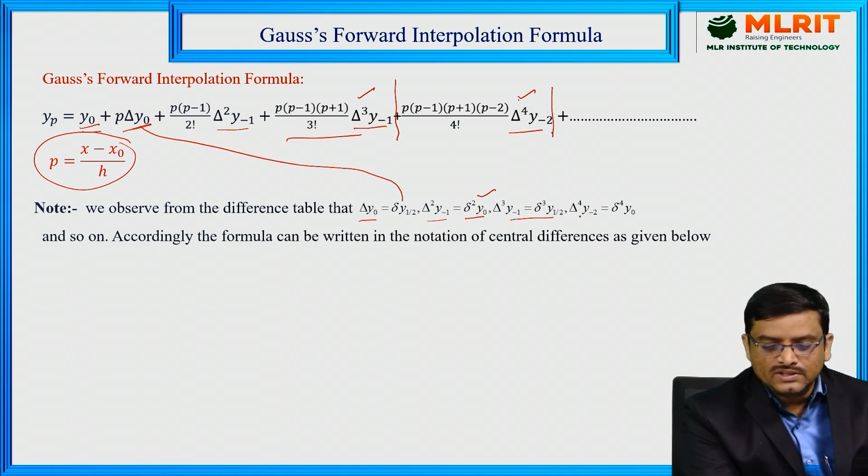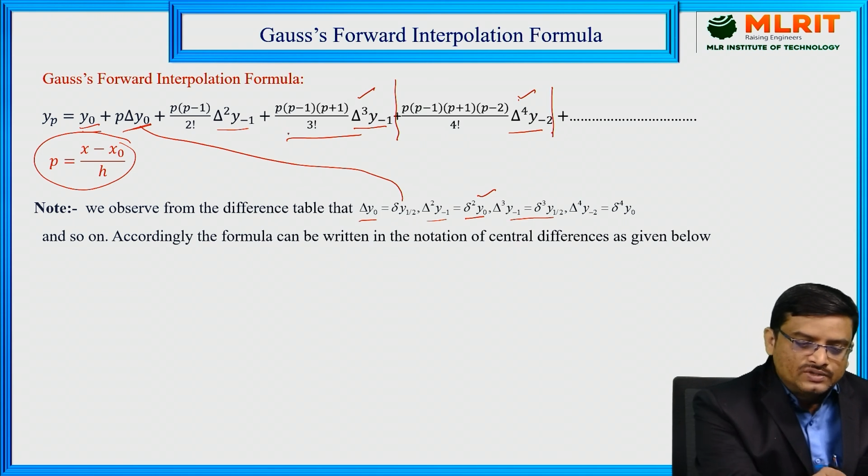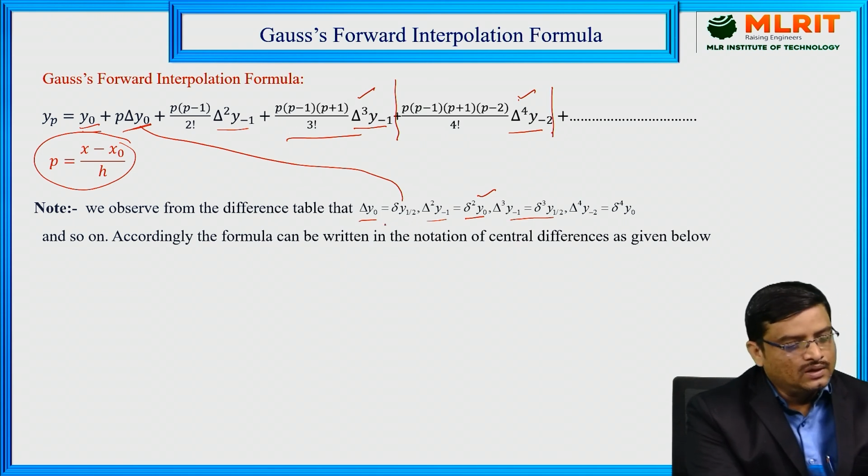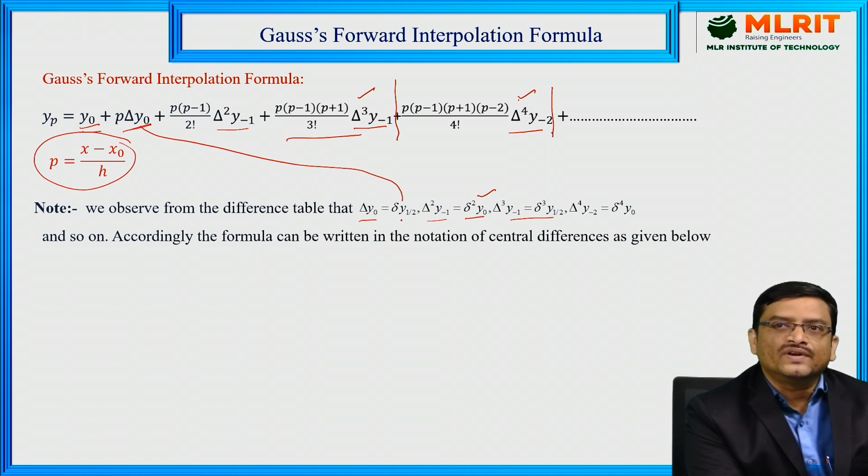So like this, we can also rewrite this Gauss forward interpolation in terms of the central difference operator, that is in terms of small delta here.